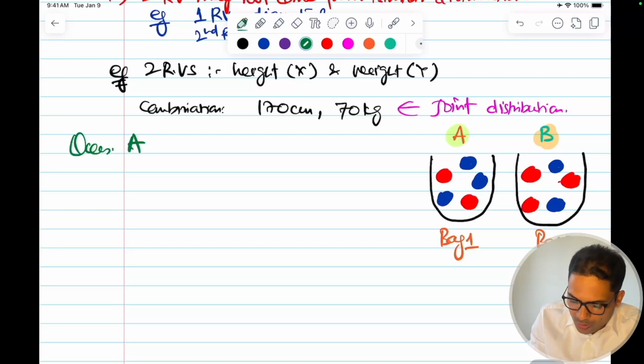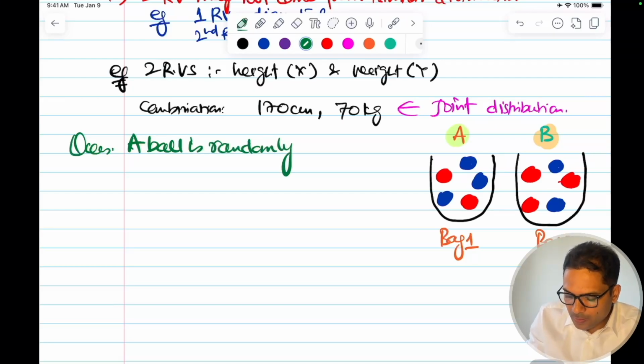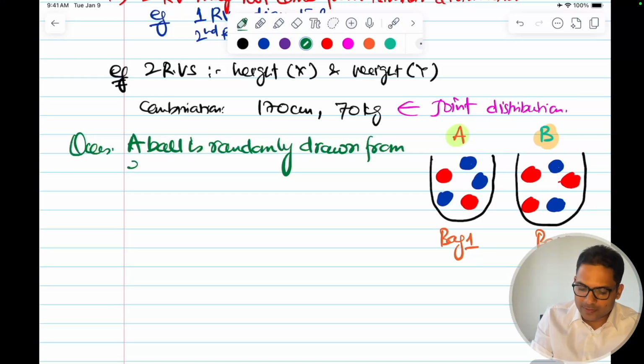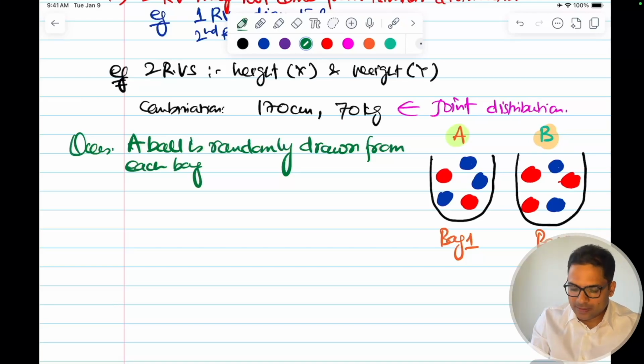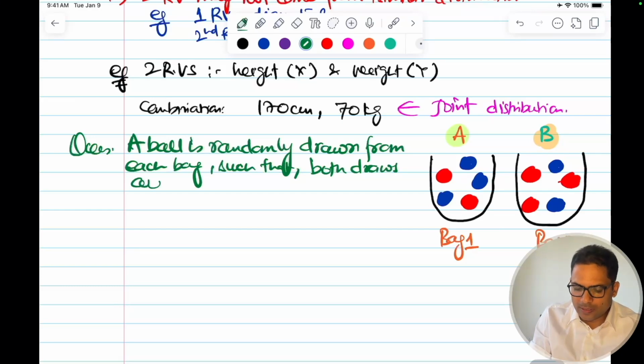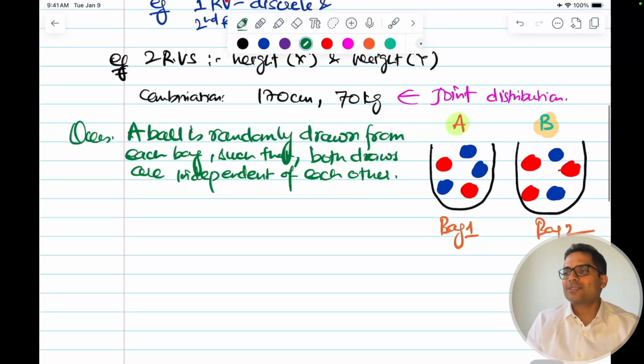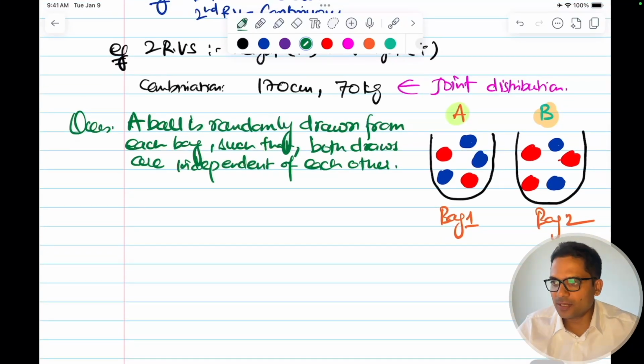A ball is randomly drawn from each bag, such that both draws are independent. I'm just being more explicit: independent of each other. So we have this case, and then whatever I mentioned here, let me write that.